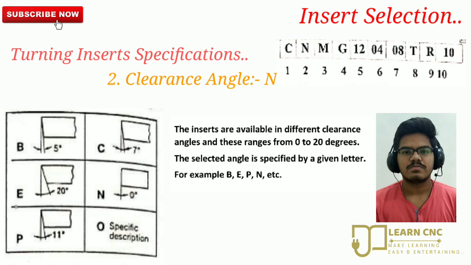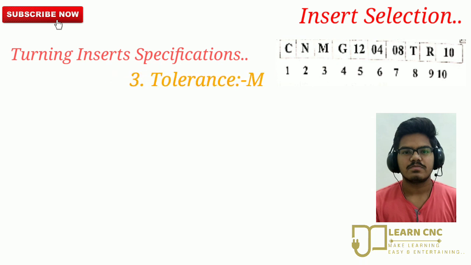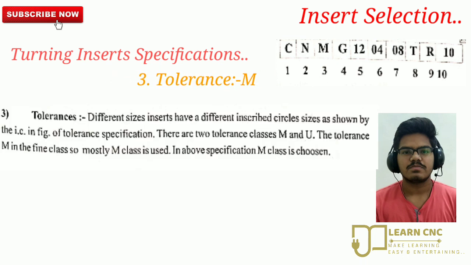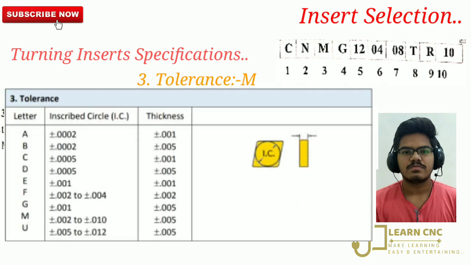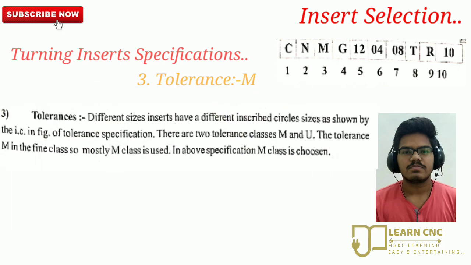In the above specification, the 0 degree clearance angle insert of letter N is chosen, meaning a particular letter is given for the specified clearance angle. The third one is tolerances. There are two tolerance classes, M and U. The tolerance M is the fine class, so mostly M is used. In the above specification, M class is chosen.